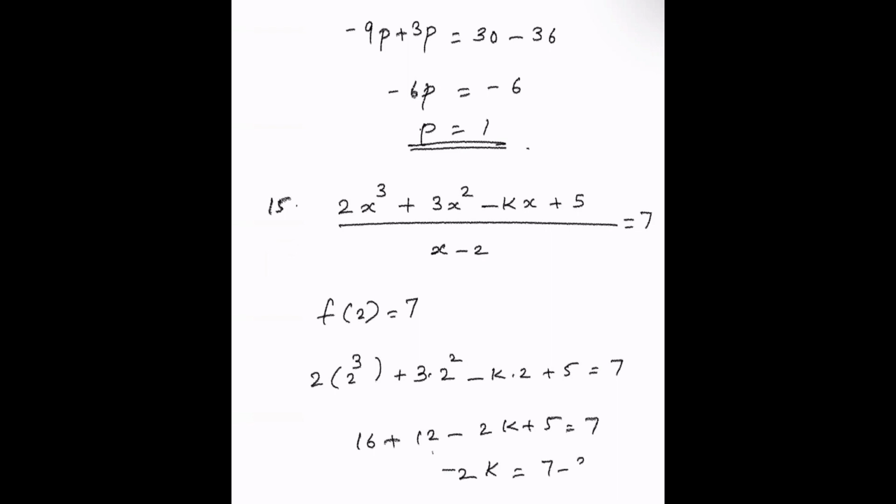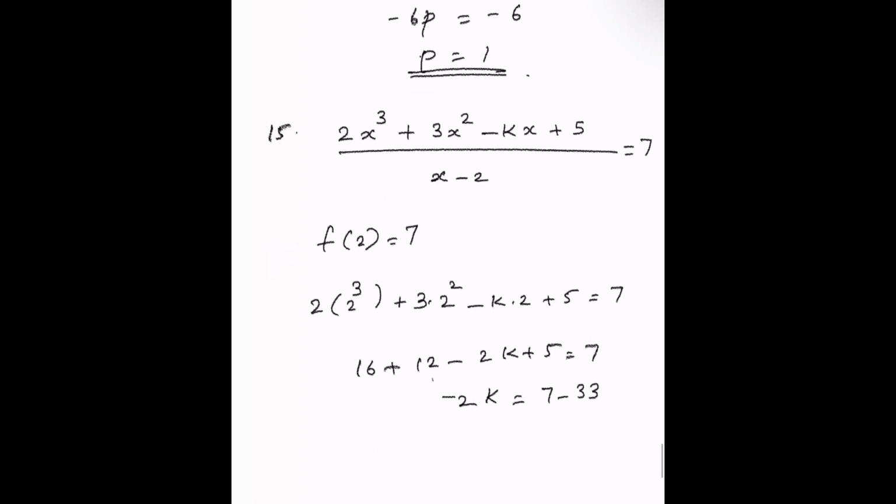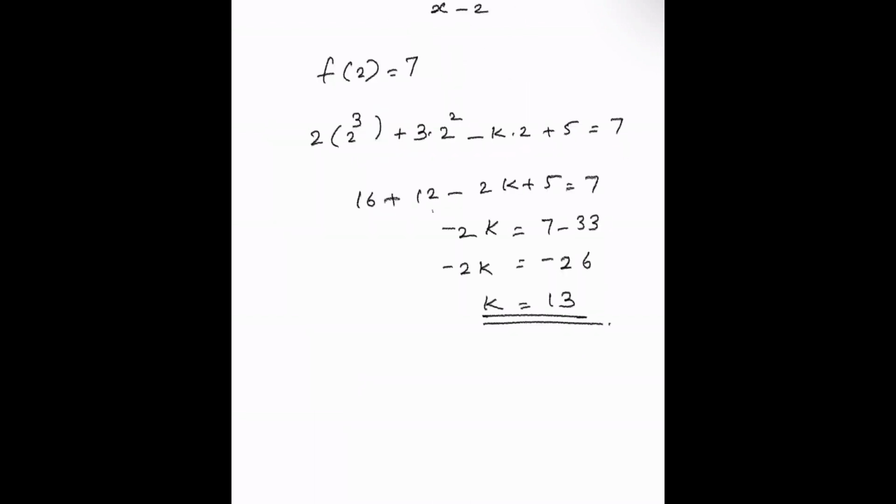I'm taking it across, minus 33. So what do you get here? I'm getting minus 26 here, and here it is minus 2k. So k is going to be minus 26 by minus 2, which is 13. Yeah, try the 16th one then.